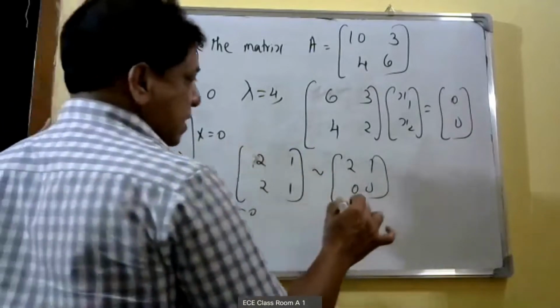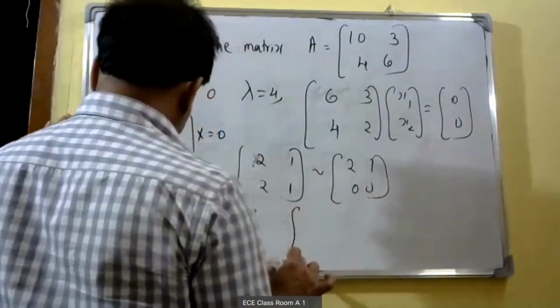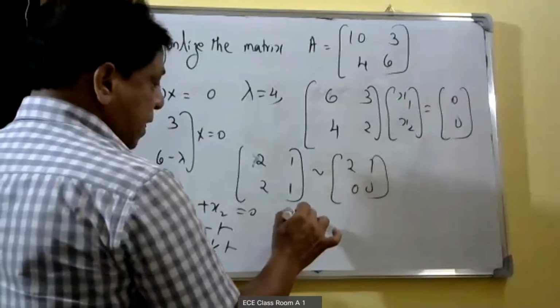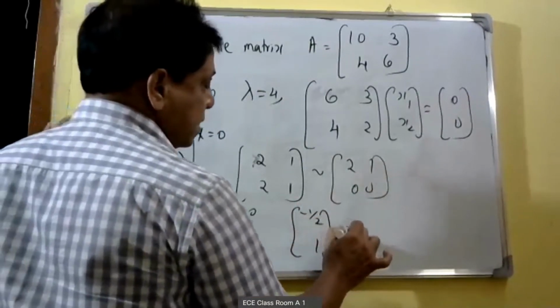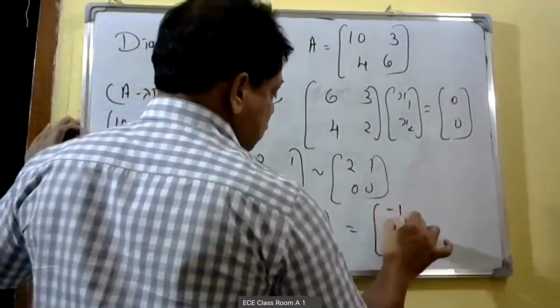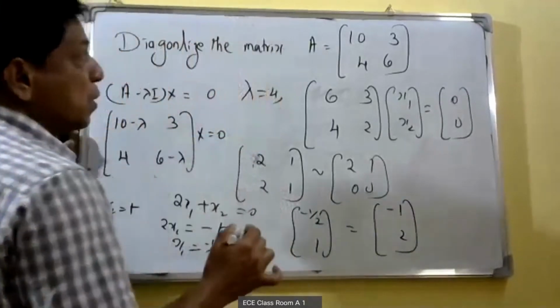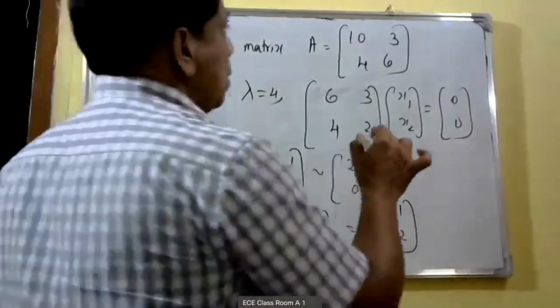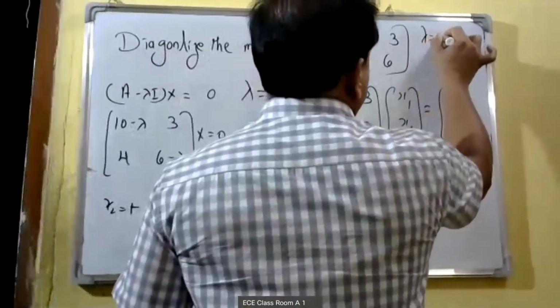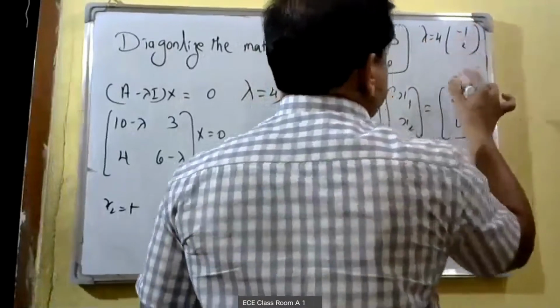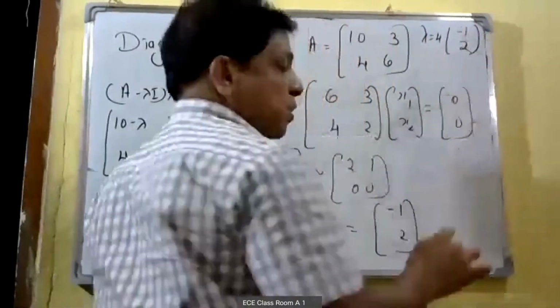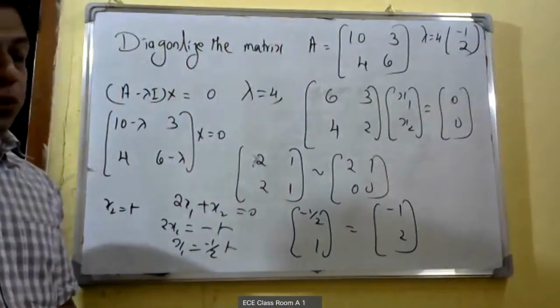Therefore, the eigenvector is [minus 1 by 2, 1], that is [minus 1, 2]. So for lambda equal to 4, the first eigenvector is [minus 1, 2].